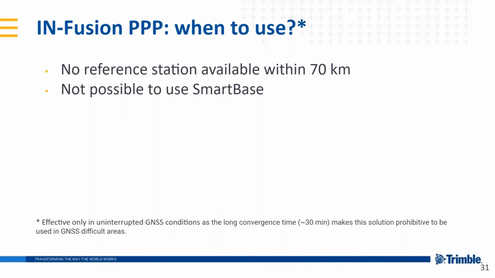So we always recommend relying on base stations, but if for any reason the base station data is unavailable after the mission, then you can switch to PPP. But you should be aware of the limitations of PPP. It will take about 30 minutes of uninterrupted GNSS signal before it can converge to its optimal precision.